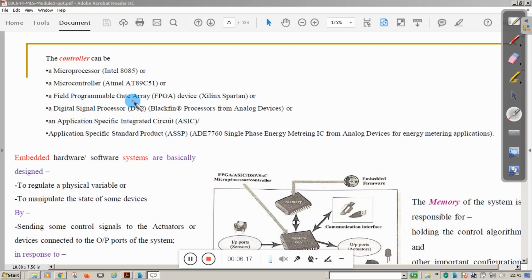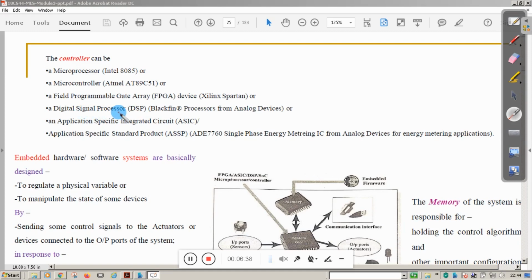The great advantage of the FPGA is that the chip is completely programmable and can be reprogrammed. It has many planes of millions of AND gates, NOT gates, OR gates, all controlled and programmable by software.